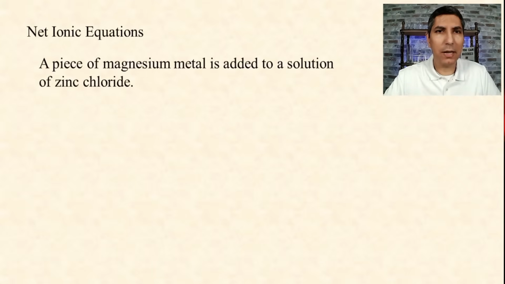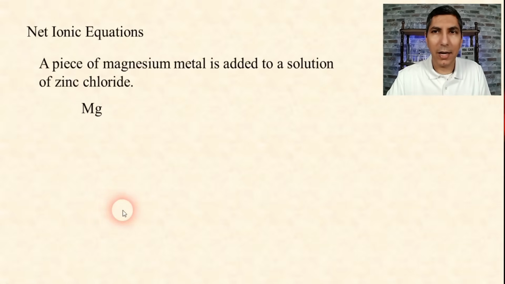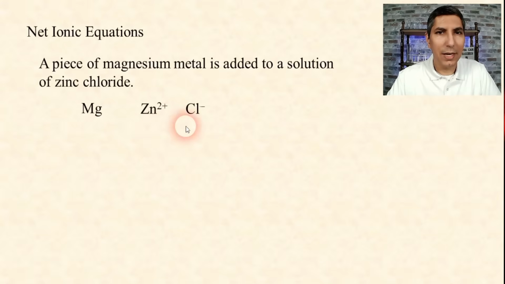The magnesium metal, of course, is just Mg. And then the solution of zinc chloride: anytime you have a solution of an ionic compound, it's existing in its ion form if it's soluble. So zinc chloride will exist as zinc 2+ ions and chloride ions, Cl-.